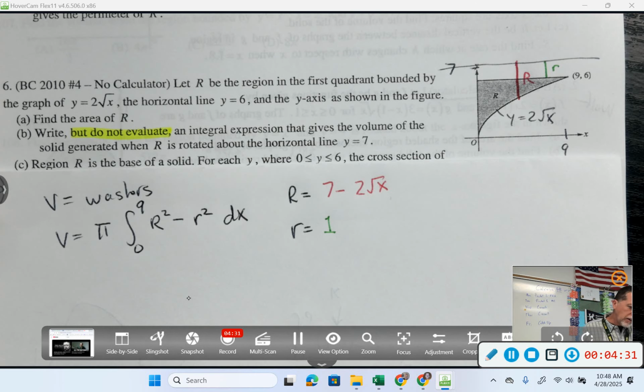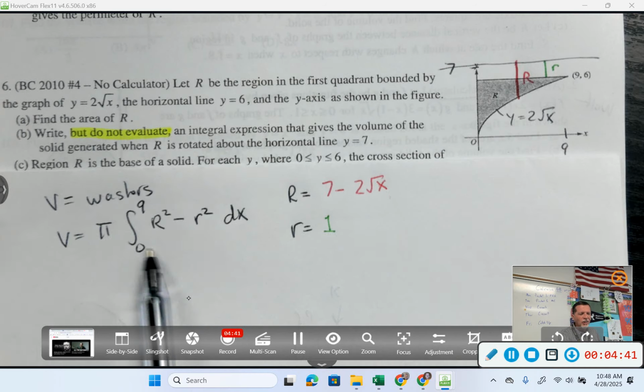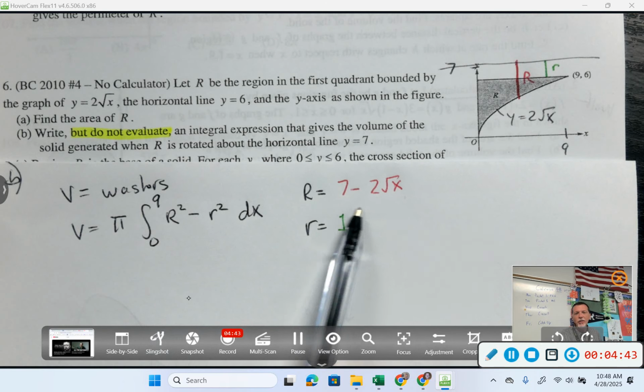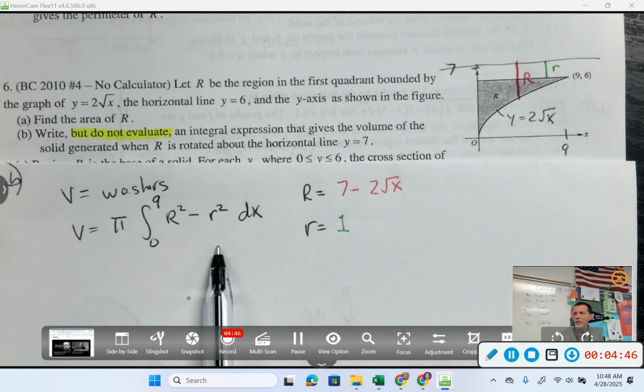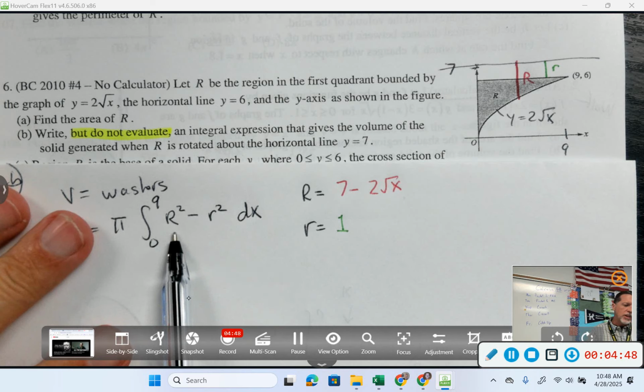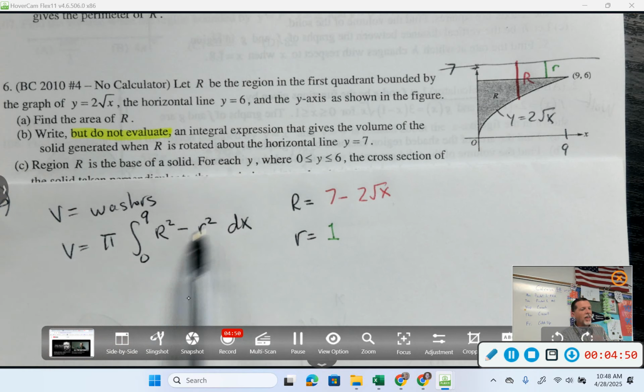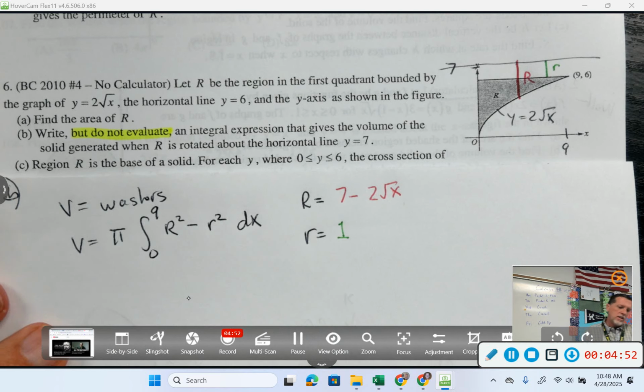Right, but do not evaluate an integral expression. What do you think? Is that a safe stop? It is, because it's all there. The r's look funny, but you told them what r is, so you're okay. This would be a safe stop. You can leave variables, and you can introduce new variables as long as you've said what they are.